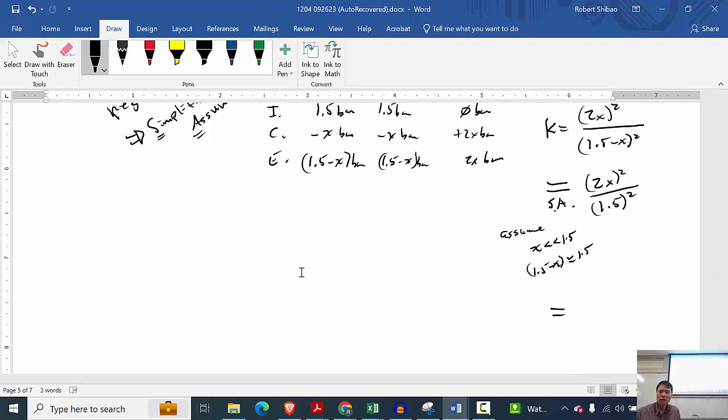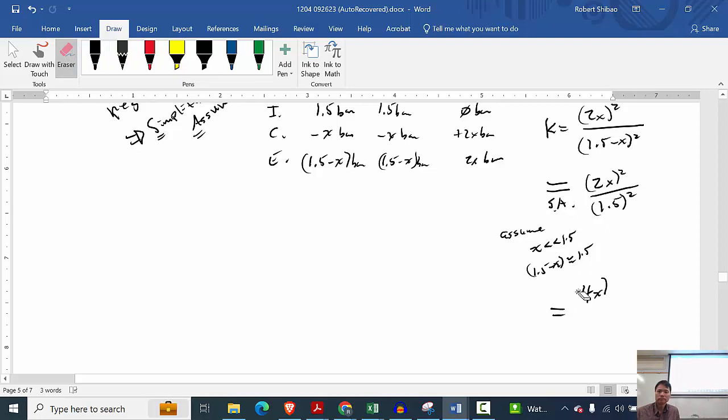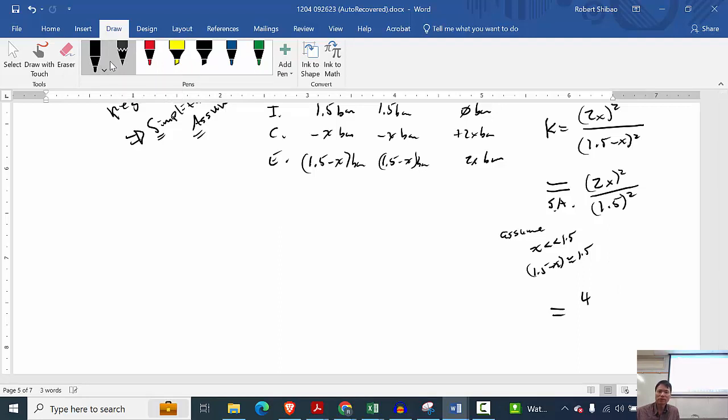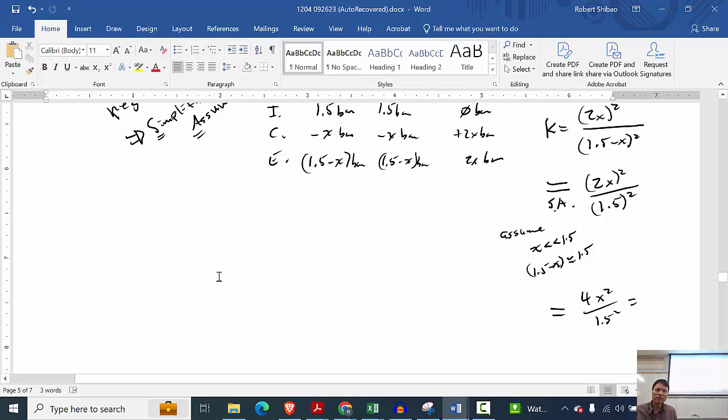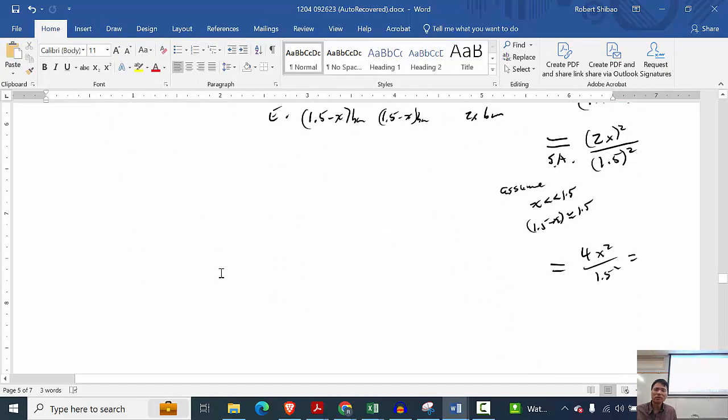So here, the math is much easier to solve. The previous one was a bit more difficult to solve. This one is just 4x squared over 1.5 squared. And so let's go ahead and solve that. This is equal to, what was it equal to? 4.56 times 10 to the minus 31.